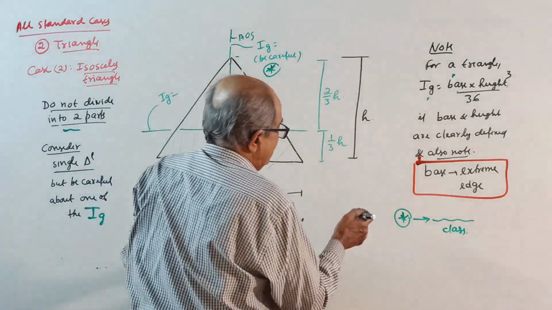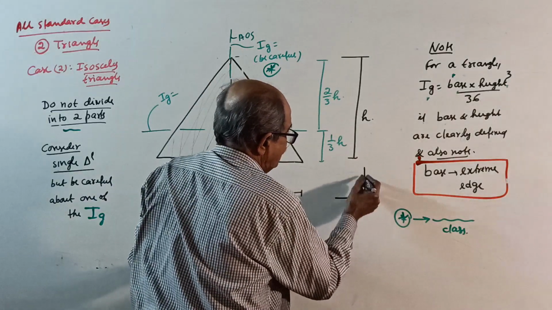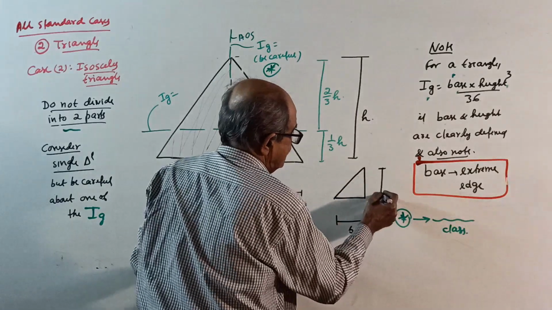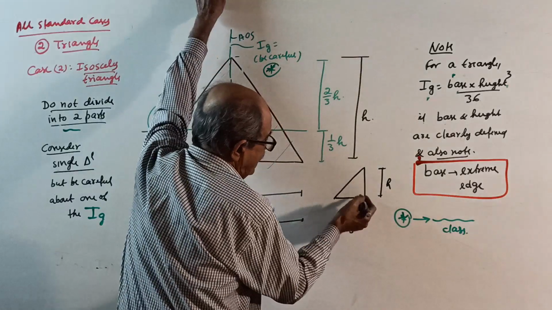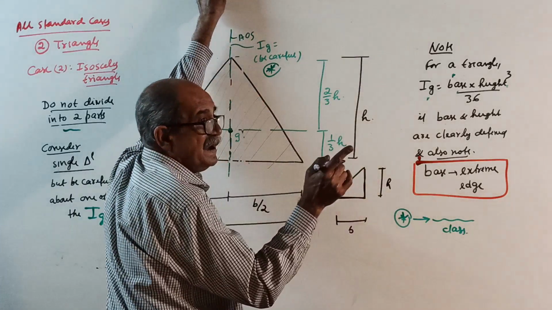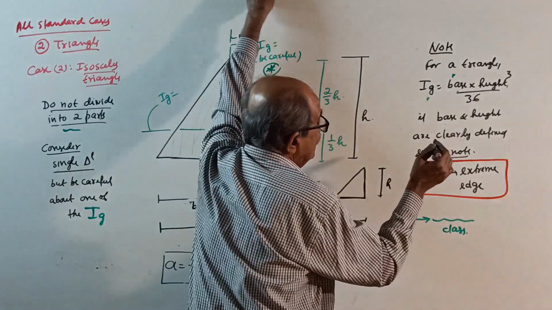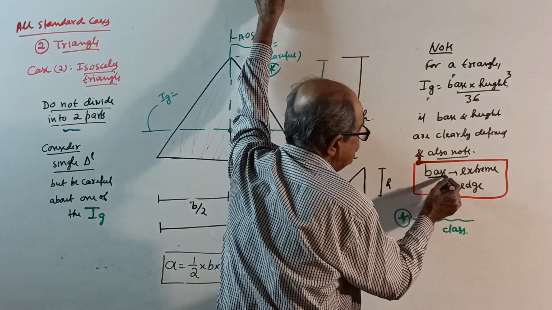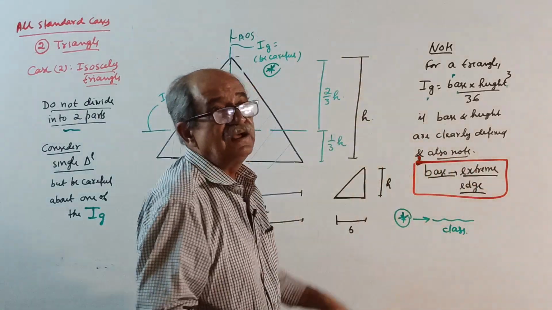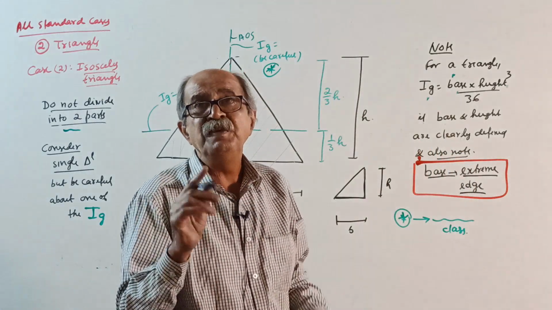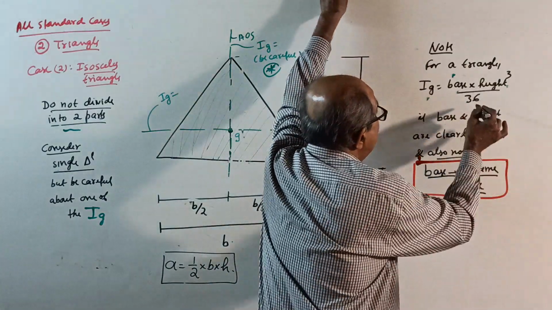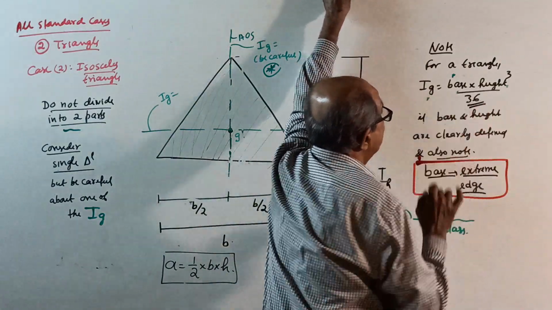I will call B and H. Look this way. This is base, this is height, clearly defined. Also, the base should be always extreme edge, very important. That base should not be in between. Make a note. It should not be in between. Then only number is 36.